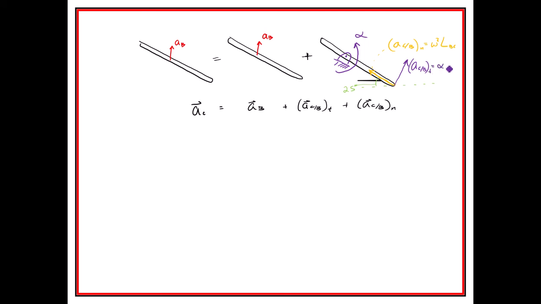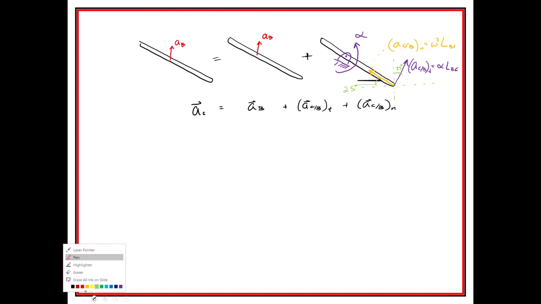We know that's going to be alpha LBC. We know it's going to be upwards. And let's be careful with these angles. We know that we have 25 degrees right up in here. Okay, so we're able to break the thing down into the x and the y.